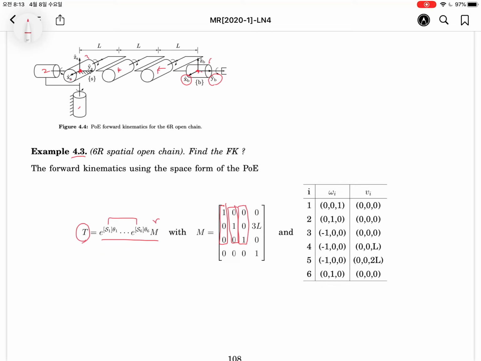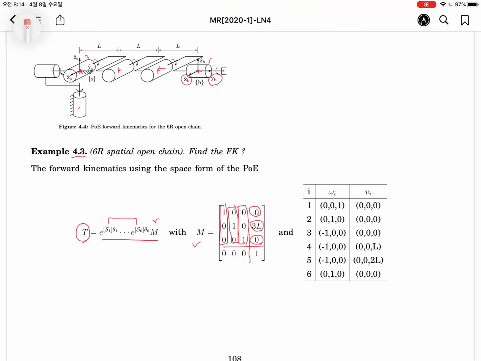It corresponds to L1, L2, L3 in the y direction, so 0, 3L, 0. And then the 1 is required to make the homogeneous transform. This is the zero position.